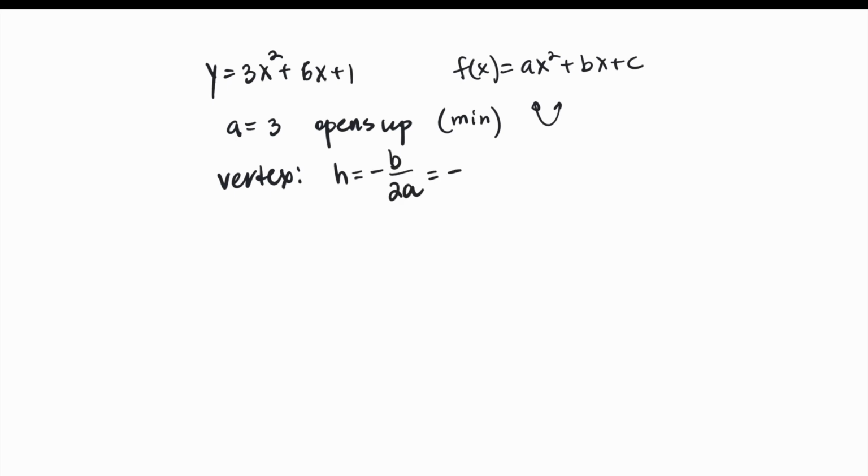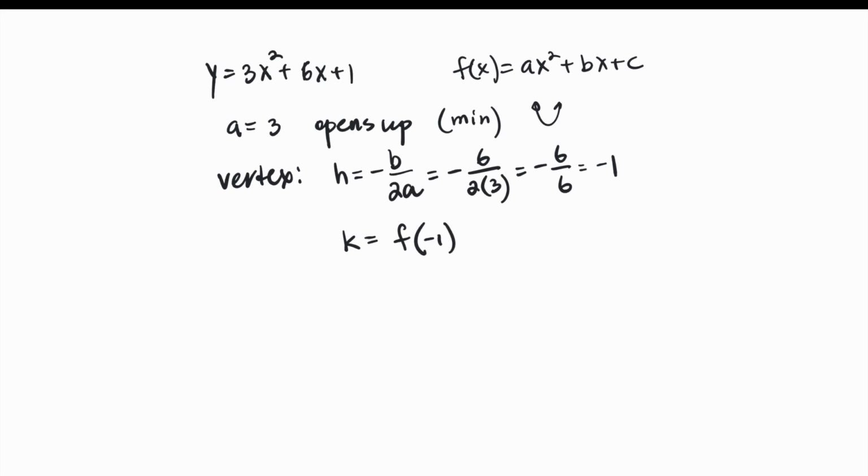My b is 6, so negative 6 over 2 times my a is 3. That's negative 6 over 6, or negative 1. This is the x-coordinate of the vertex. Now I have to find the y-coordinate of the vertex, which is k. To find k, I will be finding f of negative 1.